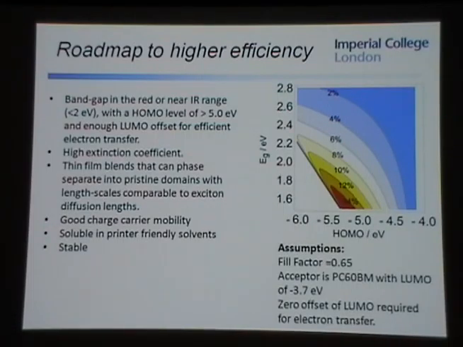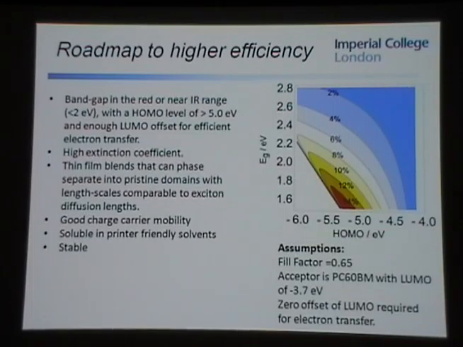If you just assume that the acceptor is PCBM, and in this calculation, which was done in the physics department at Imperial, we've said that the PCBM has a LUMO of 3.7. We've said that we don't need any offset between the LUMO of the donor material and the LUMO of the PCBM to generate charges. That's maybe slightly controversial, but in this case, this is the assumption we've made.